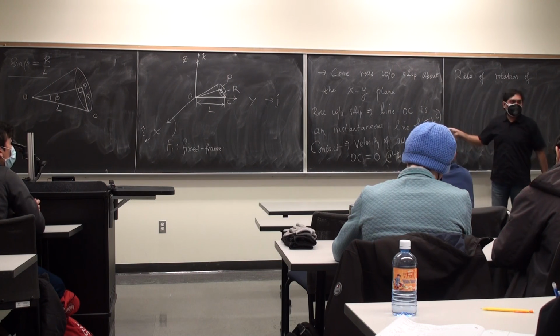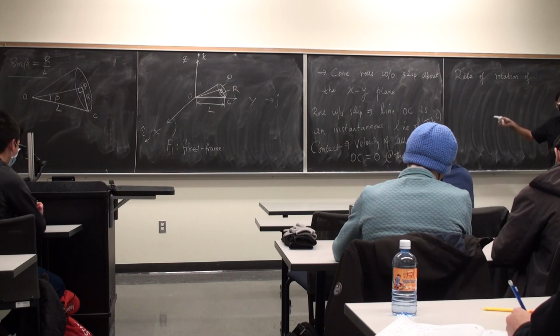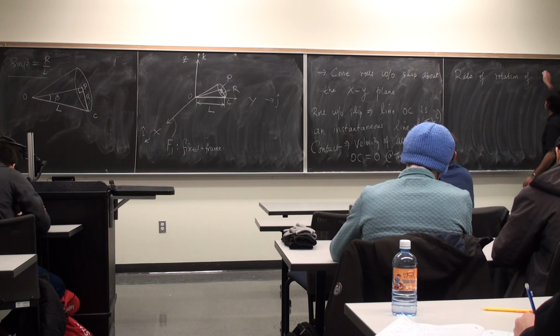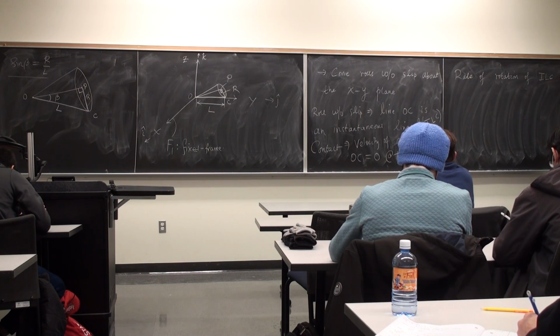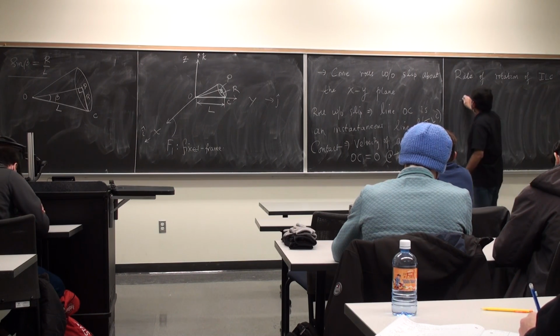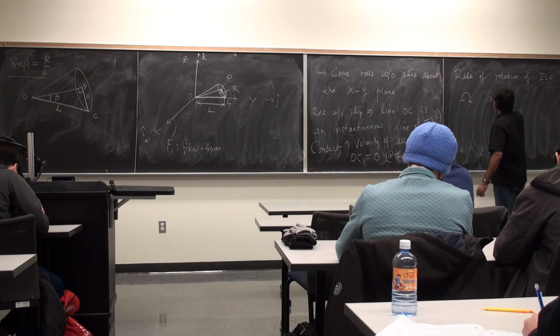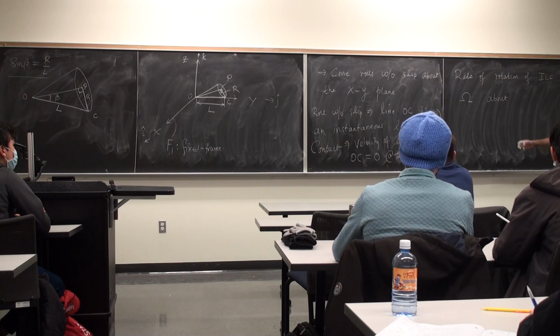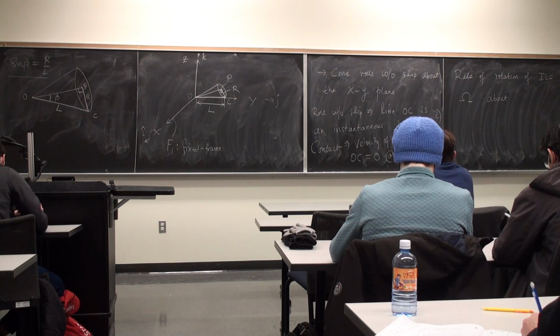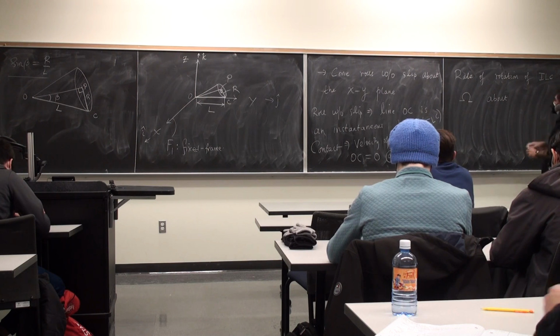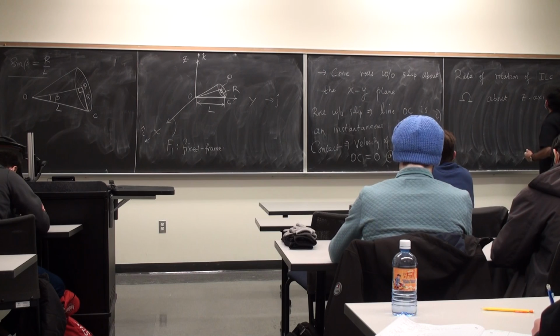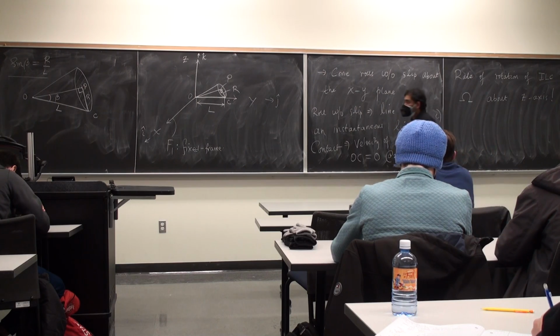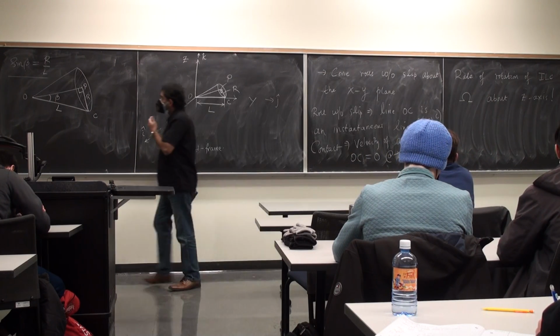That's my shorthand notation, I just don't want to write it out. The rate of rotation of the instantaneous line of contact is some rate omega. About which axis do you think this is going to be? About the z axis, right? Absolutely. So that's another piece of information that we are given.